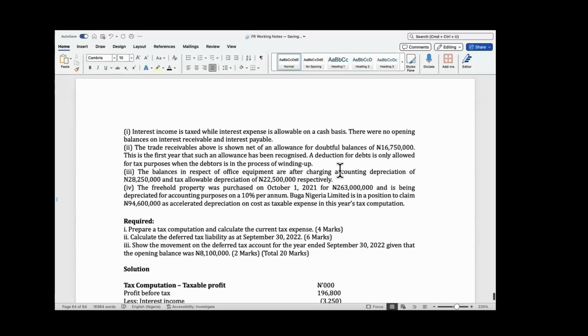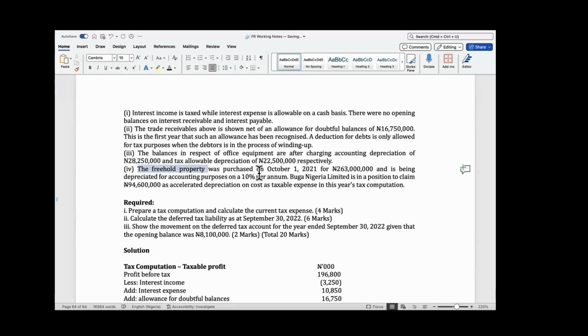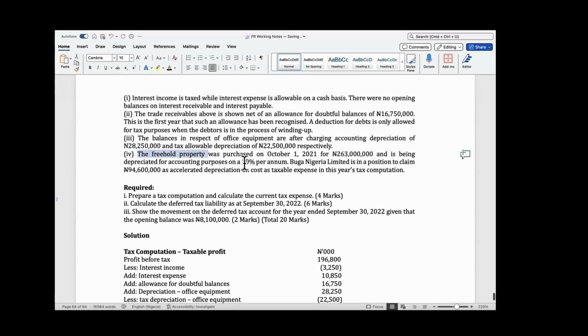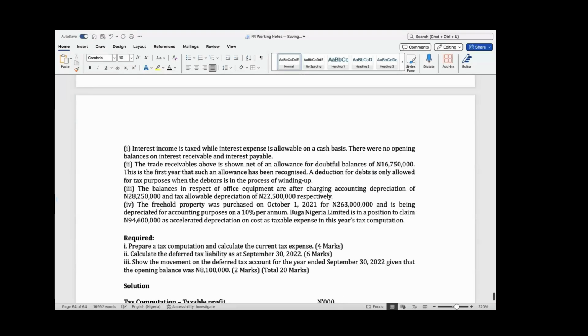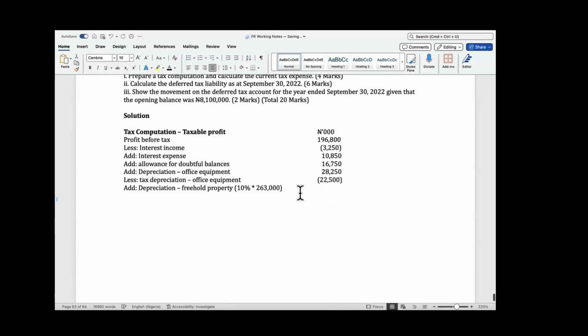Then for the freehold property, the depreciation is 10% per annum. So you add back depreciation on freehold property, which is 10% times 263 million, and that gives me 26,300.